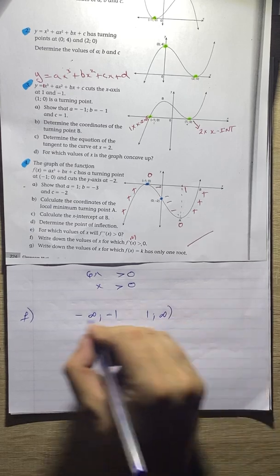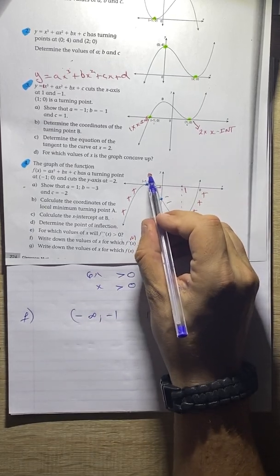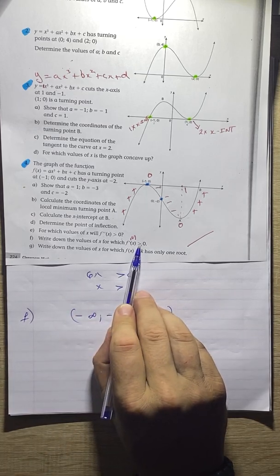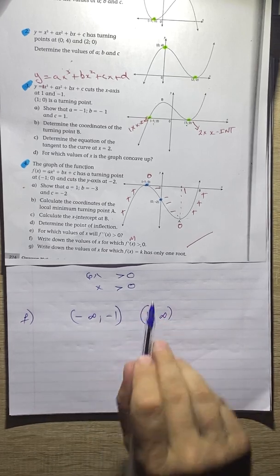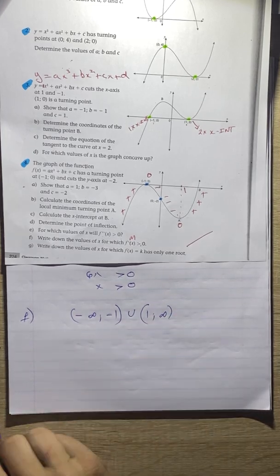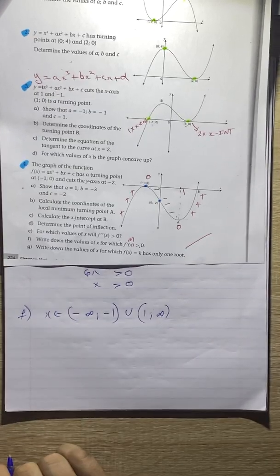Okay, so infinity always gets a round bracket. This minus 1 is a turning point, so it is a gradient of 0. But this is asking strictly greater than 0. So we cannot include that one. And likewise, we can't include that one because the gradient there is 0. We've got two solutions, so I need to put a union there. And x is an element of those numbers.